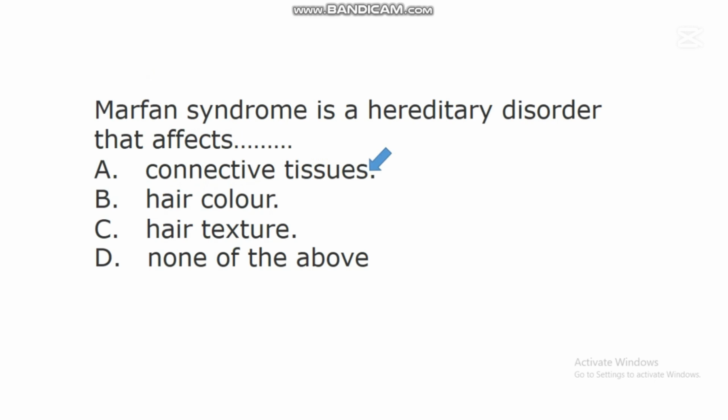This problem, known as Marfan syndrome, is a hereditary disorder that affects connective tissues seriously in human beings. So this Marfan syndrome is one of the hereditary disorders that affects the activities or the lives of people.